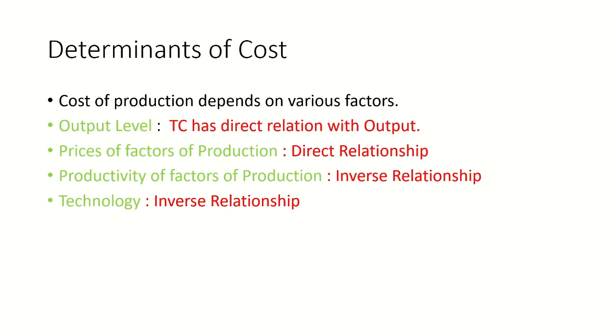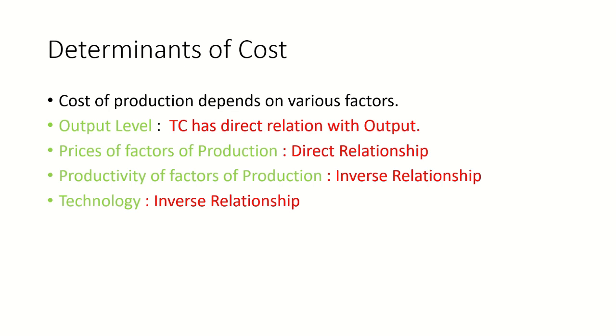And the other determinant of cost is technology. There also we can see an inverse relationship between the technology and the cost. The cost will increase if we are using outdated technological equipment or outdated technology. So these are the various determinants of cost.